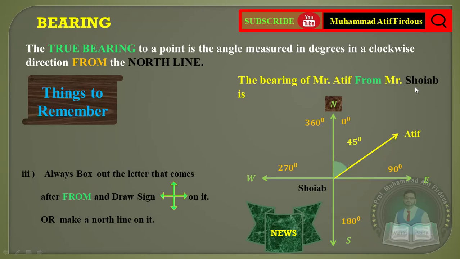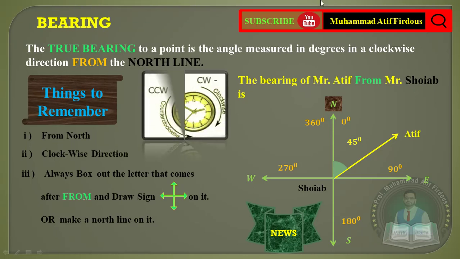Now we want to find the bearing of Mr. Atif from Mr. Shoaib. So make a north line, then always start from north and always take the clockwise direction. And you know that the clockwise direction is like this. So our answer is starting from the north line.